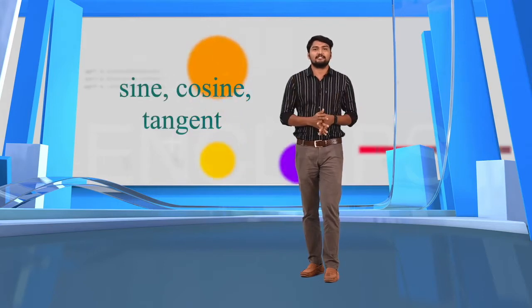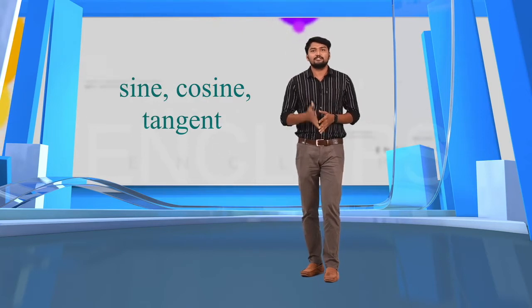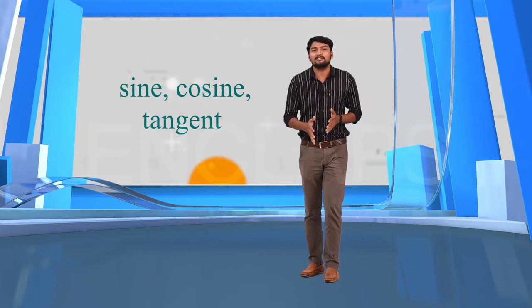Okay, now let's know about some new trigonometric terms: sine, cosine and tangent. These are the main functions used in trigonometry. To study these functions, we should know how to name the sides of a triangle. The names are adjacent, opposite and hypotenuse.